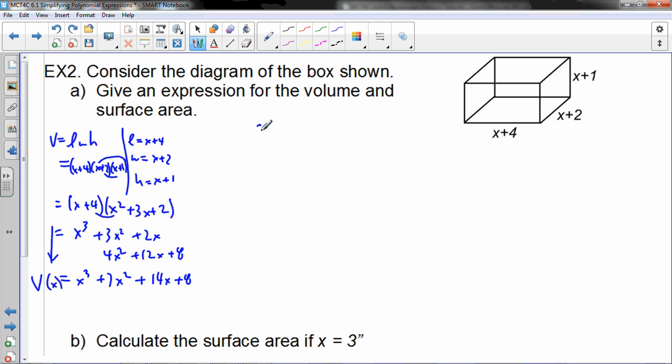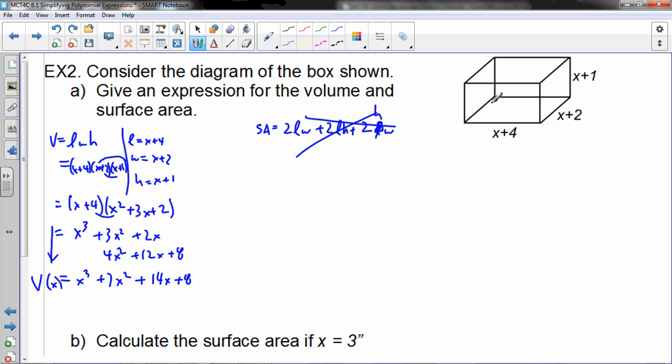The surface area, well, you could remember the surface area as a big long formula. It's like 2 of length times width, and 2 of length times height, plus 2 of height times width. I don't remember that formula. You're welcome to.